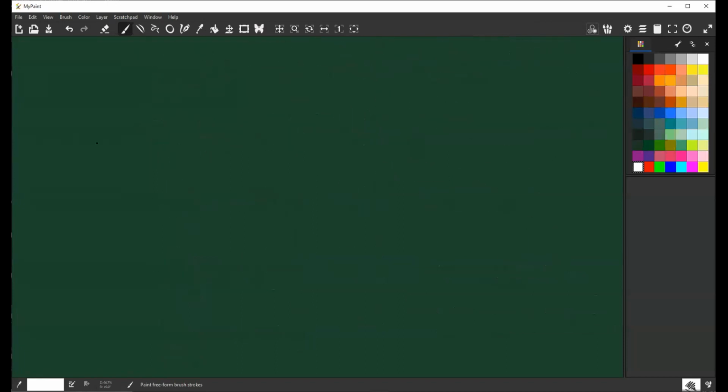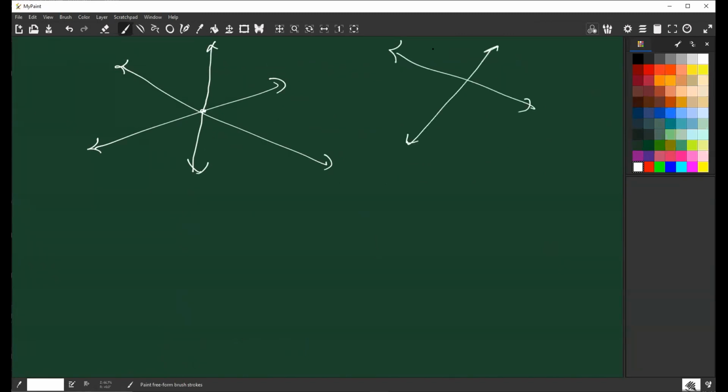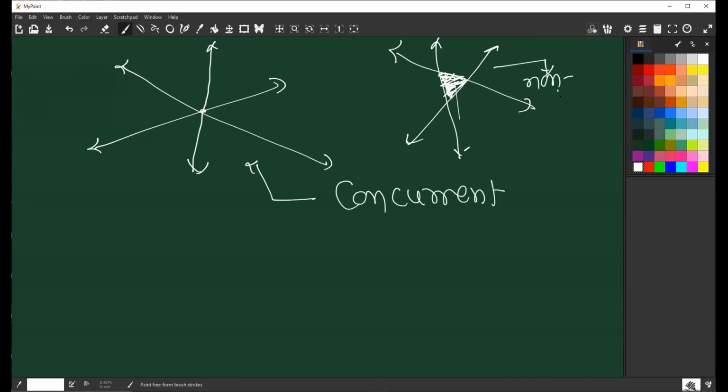See, it's like this. If I give you equations of 3 lines, 2 coplanar lines will always intersect at a point. But when the third line comes, it may pass through this, or it may not pass through the point of intersection of the two. It can go like this also. So this is the area that is formed, this is the triangle that is formed. Here they meet at a point. So such lines are called concurrent lines. And these are called non-concurrent lines. Okay?